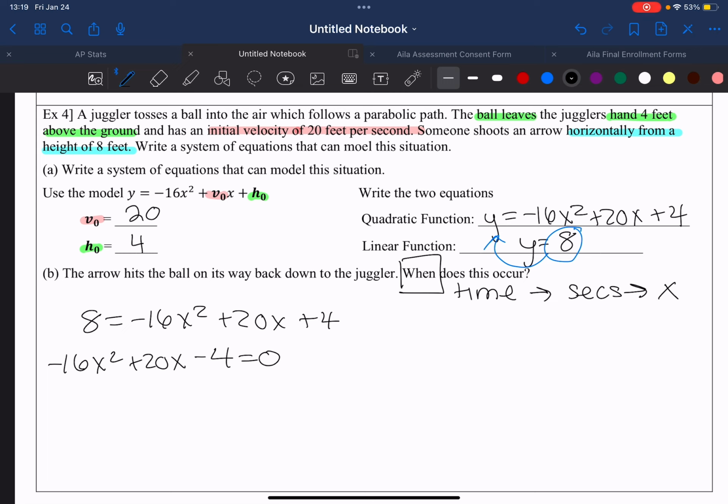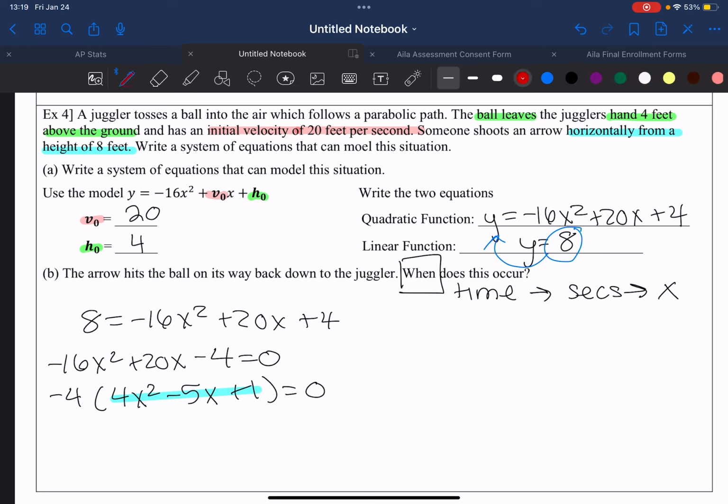And then before I try to factor this, I'm going to see if I can take out a GCF. And I can take out a negative 4, and I'm left with 4x squared minus 5x plus 1 equals 0. And then I'm going to have to factor this part right here by doing the AC method.